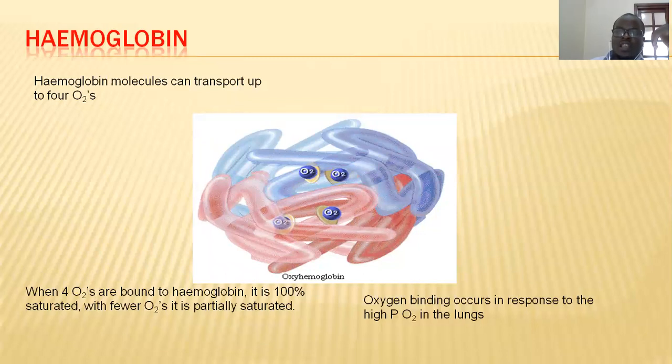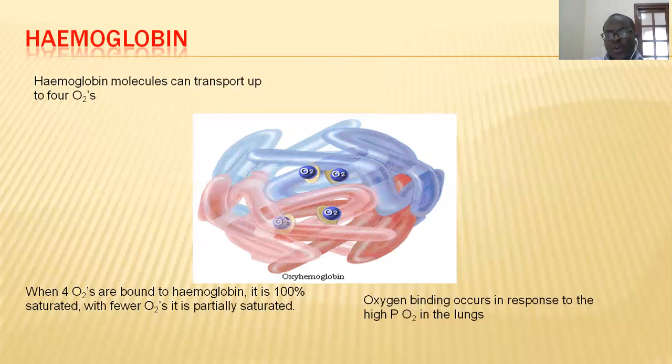Why? It's because now this hemoglobin is increasing its affinity for more oxygen. The second oxygen binds to the second heme, then the chance of it binding with the third one will increase. Then when the third oxygen goes and binds, for it to bind with the fourth one will also increase. So this kind of binding is called cooperative binding of oxygen to hemoglobin.